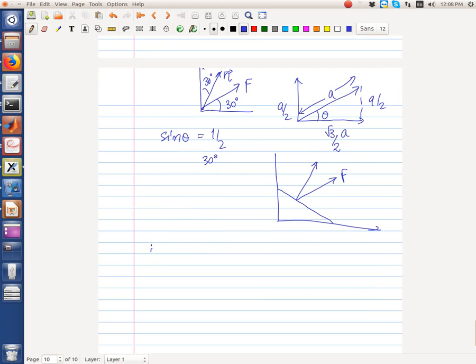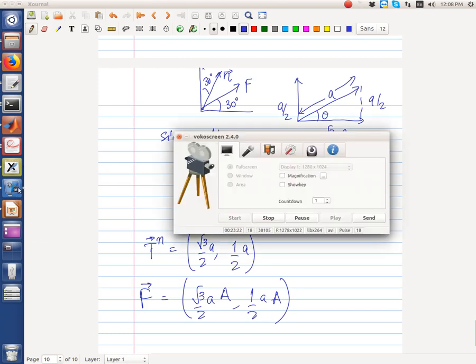We have already found the traction vector is equal to square root of 3 by 2 a and half a. So the force is equal to square root of 3 by 2 a into area and half a into area. As simple as that. So in the next video we will try to do an example in 3 dimensions. We will first do the derivation and then we will see a 3-dimensional example.